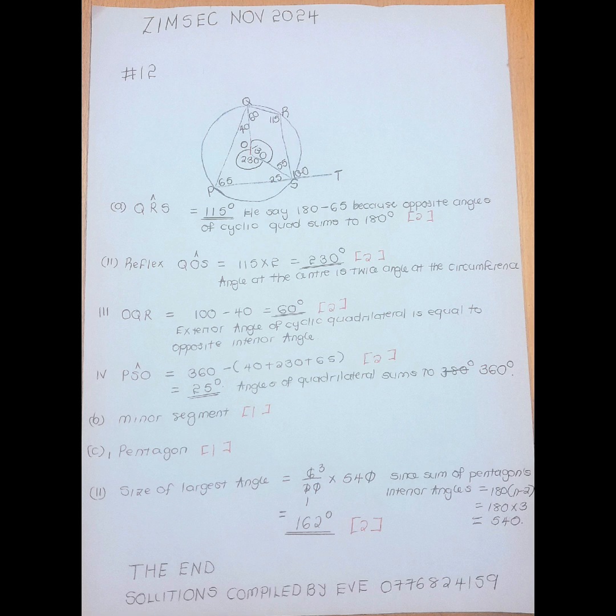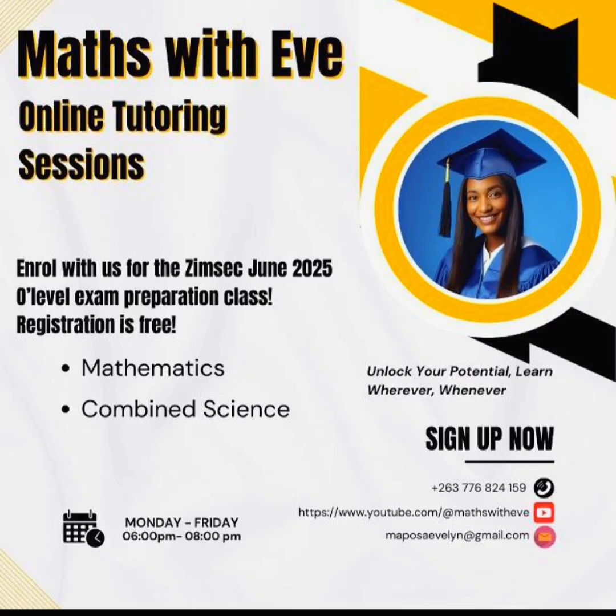It is 180 times (5 minus 3) in brackets in order to get 540. And then for the largest angle, you say 6 over the total, which is 20, times 540 in order to get 162. So this marks the end of our tutorial today on the marking scheme of the November 2024 maths paper 2.